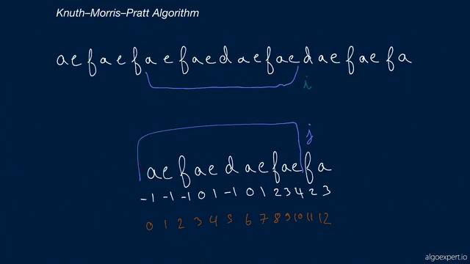Let's go to the letter right before our point of failure. Right before F, we've got an E here. Did we have a pattern matching this E here? We did. We've got an index 4 here. So go all the way back to index 4, which is right here.